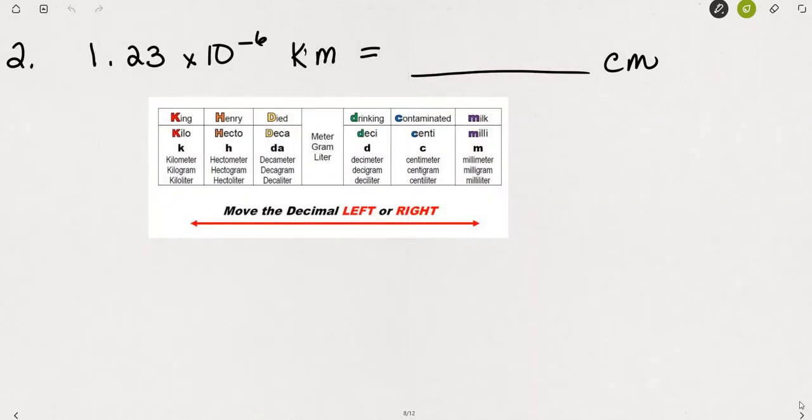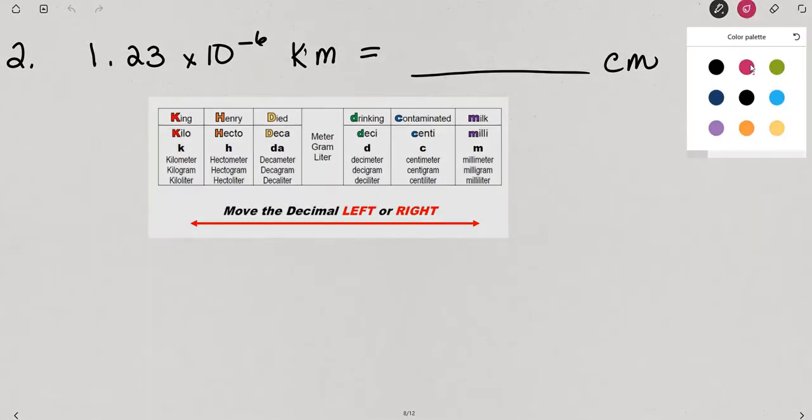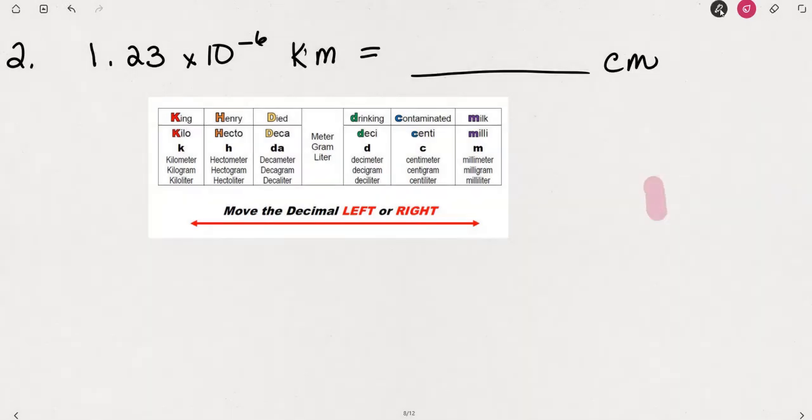This next example is going back to the metric chart, and so all we have to do is move the decimal. But you might be unfamiliar with this notation. It's called scientific notation. We've got 1.23 times 10 to the negative 6. That's the same thing as saying 1.23 and then move the decimal 6 places. 1, 2, 3, 4, 5, 6.